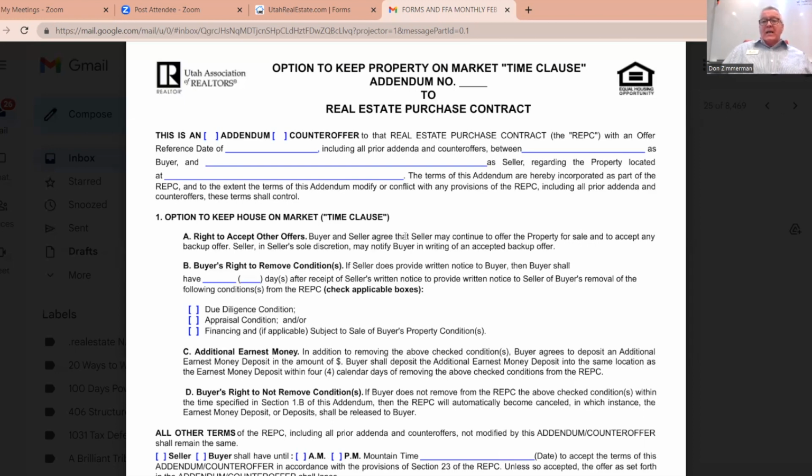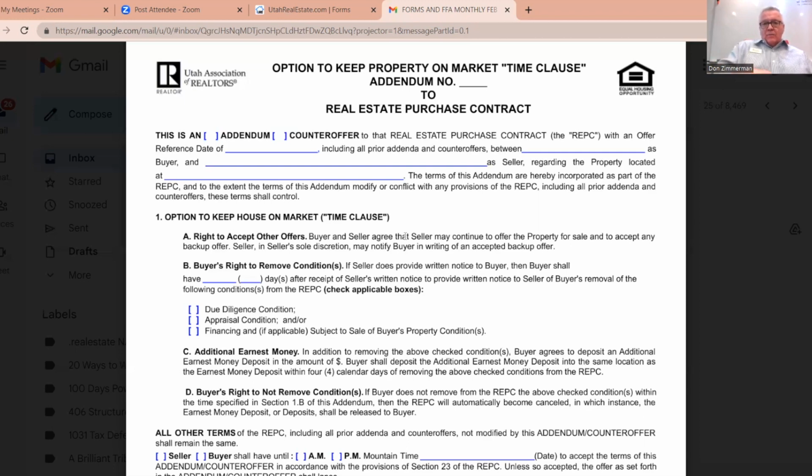And then if we get another offer that has no contingencies, we give our first offer notice that we've accepted another offer, and then they have however many hours or days that you've built into this to remove their contingency. Otherwise, we can move on to the second offer and accept that one fully.